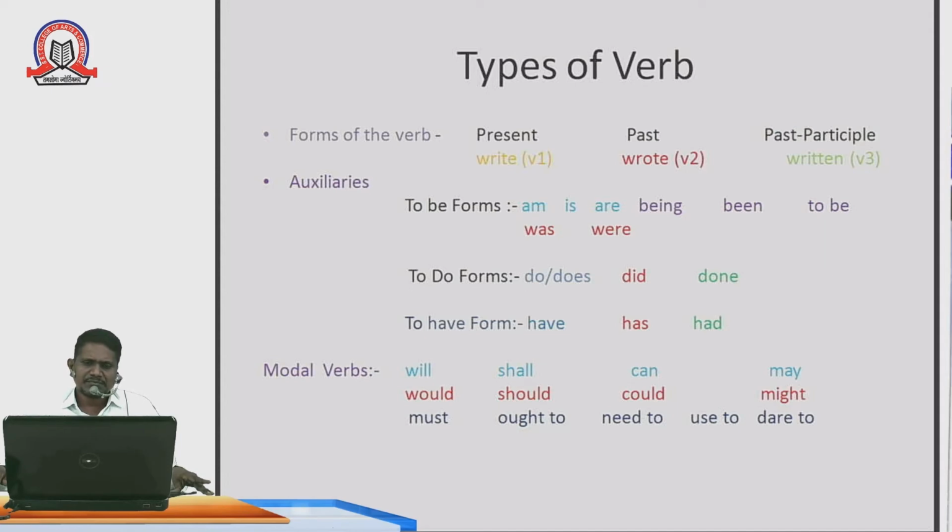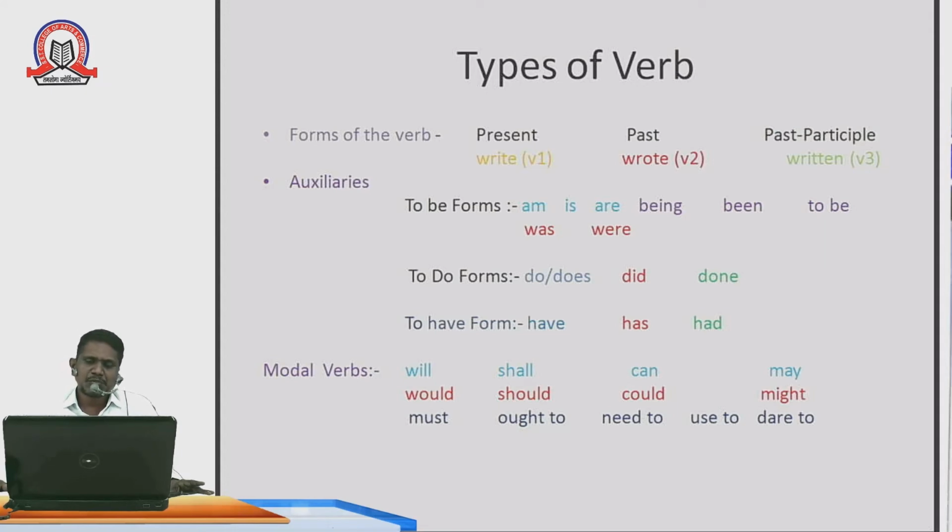To have is also another auxiliary. So again the question arises, when should you use have? You should use have for the first person singular and plural. What are they? We, and singular is I, and then the third person plural, that is they.